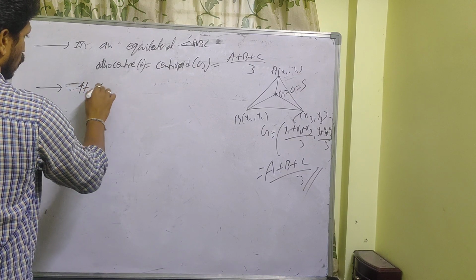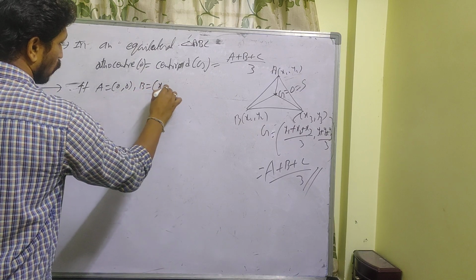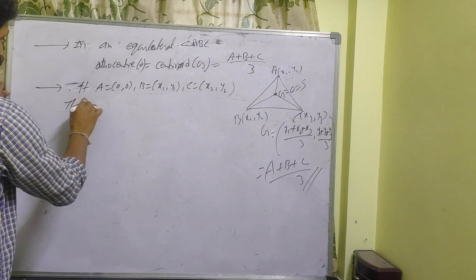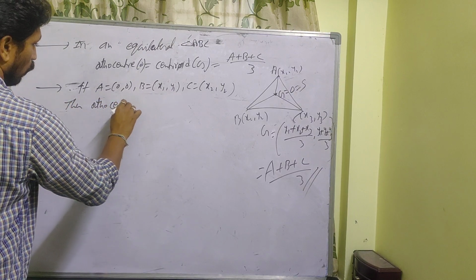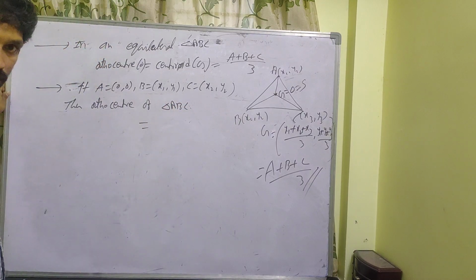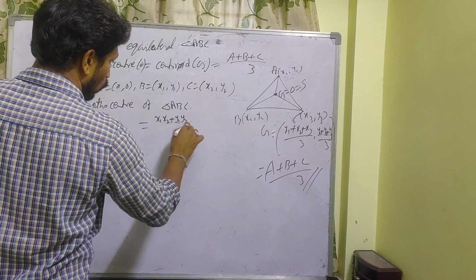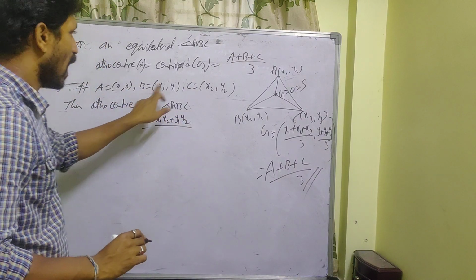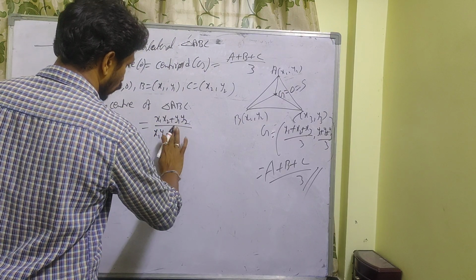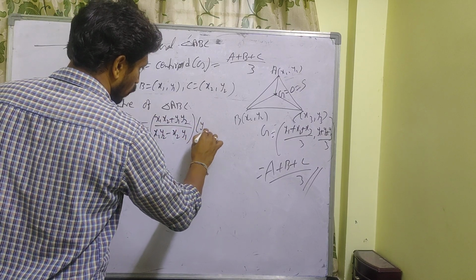Next one. If A is equal to 0, 0, B is equal to x1, y1, C is equal to x2, y2, then the orthocenter of triangle ABC is equal to x1 x2 plus y1 y2 by x1 y2 minus x2 y1, into y2 minus y1.